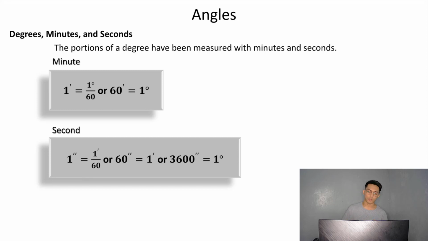So, for calculations, we may encounter some calculations for degrees, minutes, and seconds of angles. Dumadating tayo sa addition, subtraction, and even conversions of the measurements of the angles from decimal to minutes and seconds. So, example number 1.